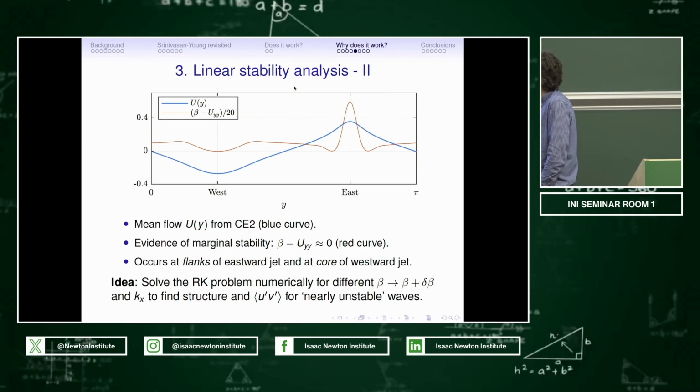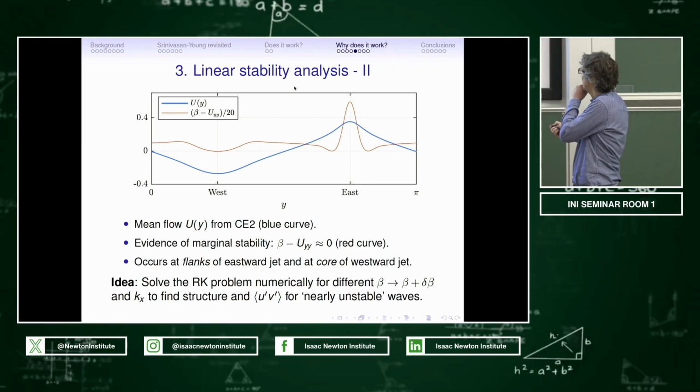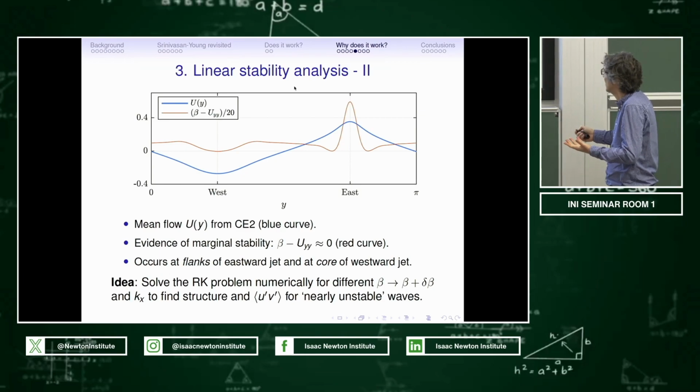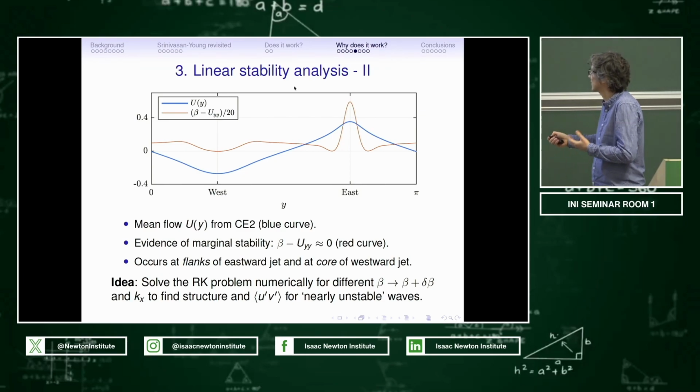The reason we do this is that if you reduce beta, you increase the tendency towards instability. So this allows us to see the emergence of unstable modes which are near stability in the case where beta takes its actual value.